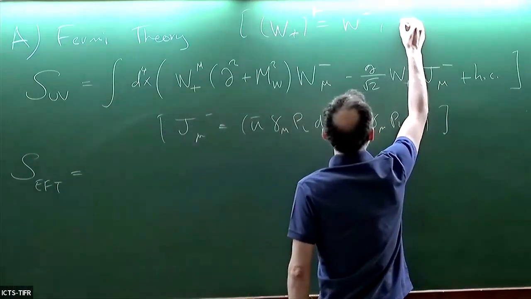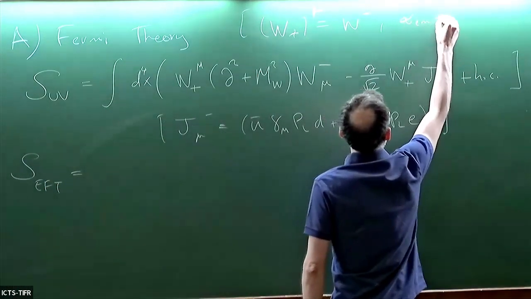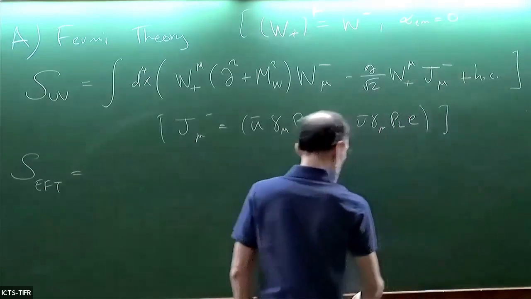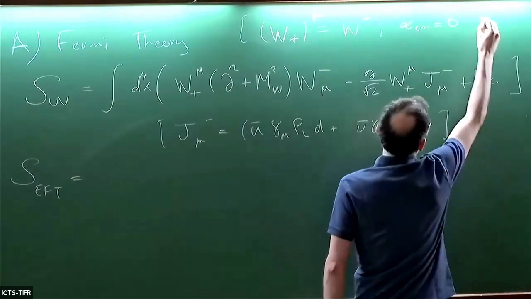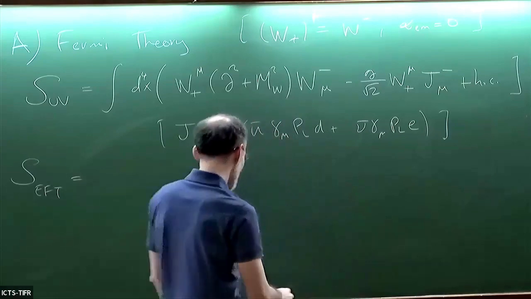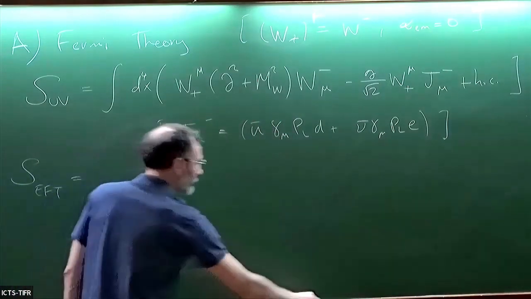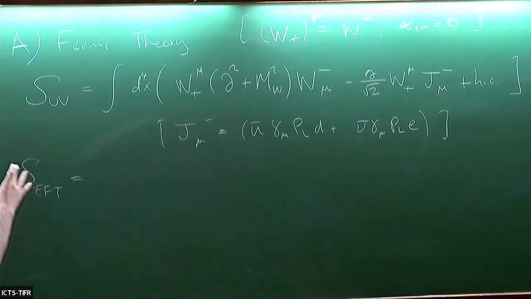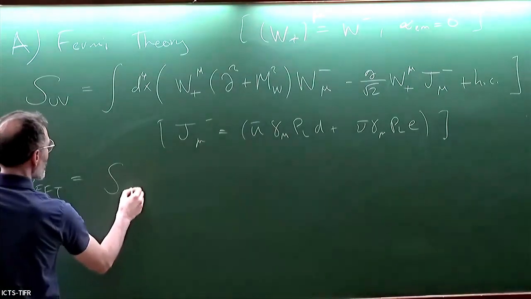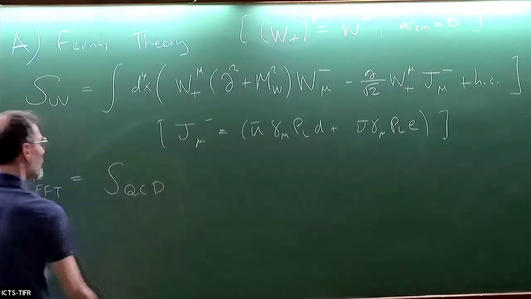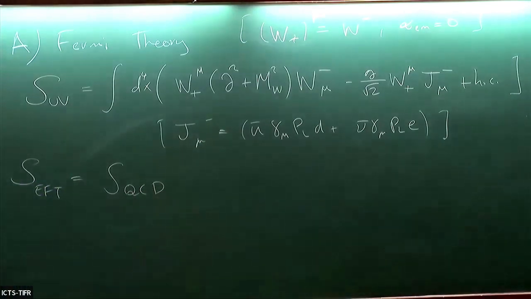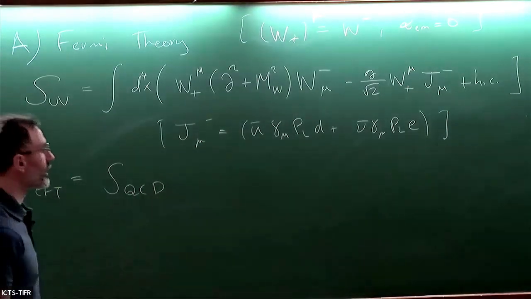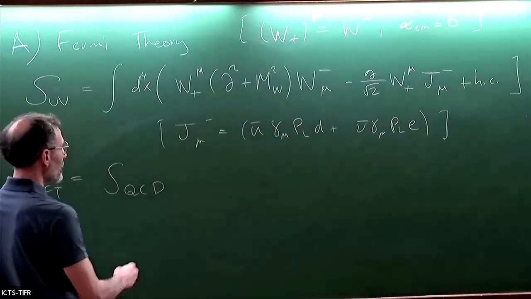So in here, I'm setting alpha, the fine structure constant, to 0, if you like. If you like or you don't like it, I'll just do it. And then at the low energy EFT, if I want to be consistent with that, I'll just say that we have a sort of a leading action that is QCD. You could add electromagnetism in there, is what we see at low energies, but again, we're looking at weak interactions.